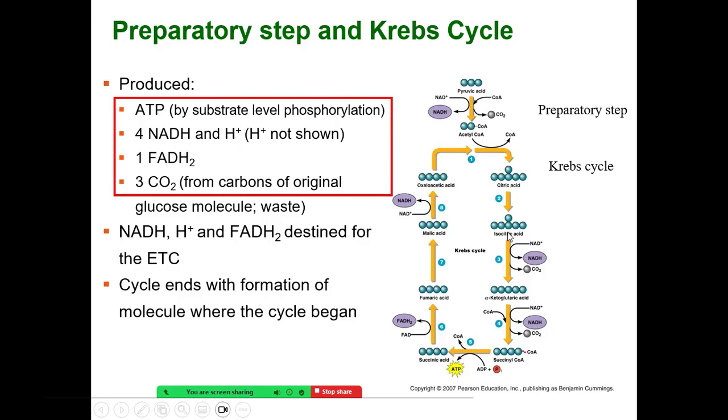Which is converted into this molecule, making another molecule of NADH and another molecule of CO2, which is then converted into that molecule, making another molecule of NADH and another molecule of CO2, which is then converted into that molecule, which makes ATP in this step. And then this molecule is converted into that molecule, making a molecule of FADH2. This molecule is converted into that molecule. This molecule is converted into that molecule.